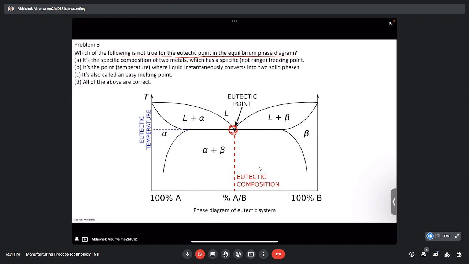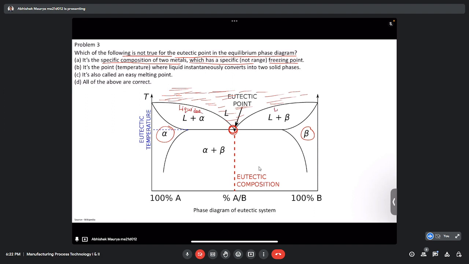The first one says it's the specific composition of two metals which has a specific, not a range, freezing point. So what is here? All these regions: this is the liquid region, this is phase alpha, this is phase beta, and this is the liquidus.